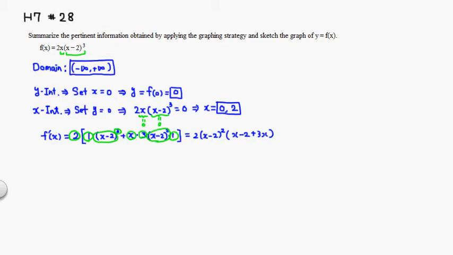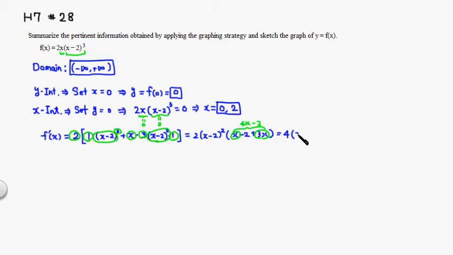Now we just need to clean up here. This is equal to, combining x and 3x, 4x minus 2. So you have another 2 here that I'm going to pull out. 2 is already here, 2 from here makes that 4.